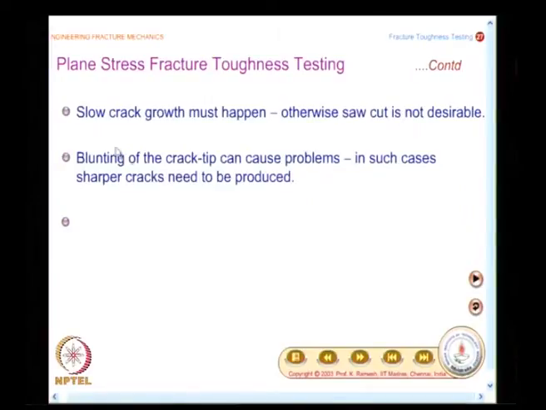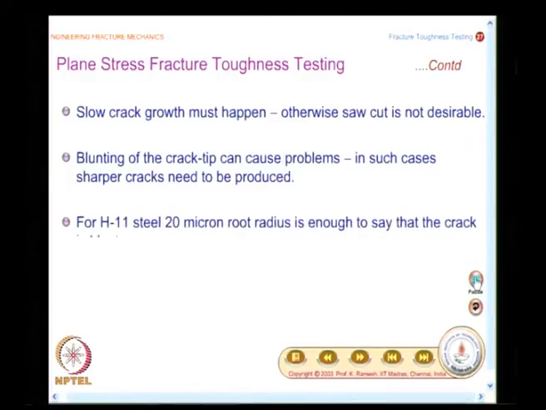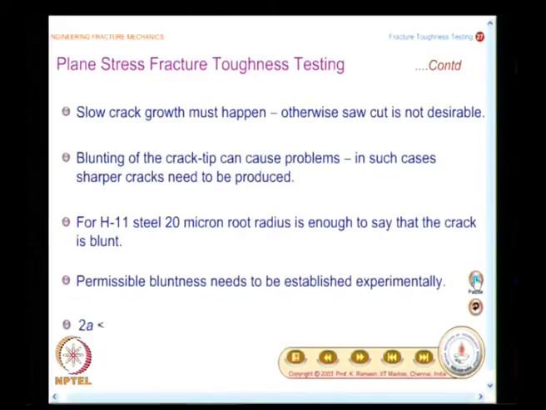So, if you do not find a stable crack growth, you must go and investigate how you could improve the initial crack. So, what is observed is, in the case of H11 steel, 20 micron root radius is enough to say that the crack is blunt. We have said blunting should not happen, you need to have a sharper crack, and you have a definition of what is considered as blunting.